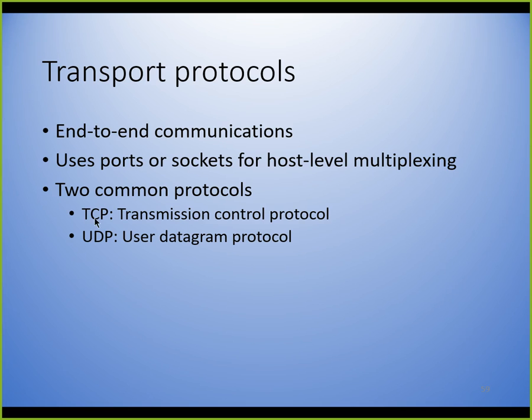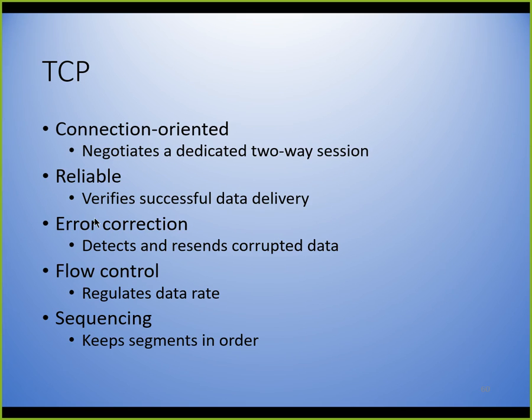So, TCP, connection oriented, we look at that. We looked at the three-way handshake. Connection oriented is called reliable because it verifies the data delivery. It numbers the data, and if it doesn't all get there, it says resend it. It detects and resends corrupted data. If something is corrupted or doesn't get there, it doesn't acknowledge, and by not acknowledging it, it gets a resend. It regulates the data rate. How much can we take at one time?